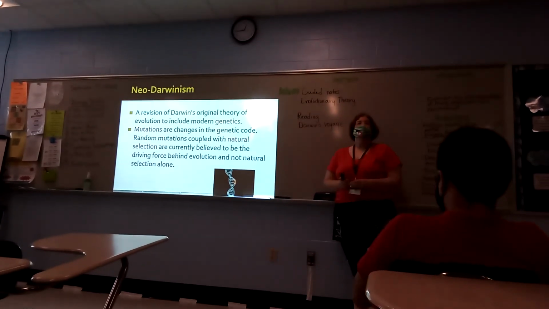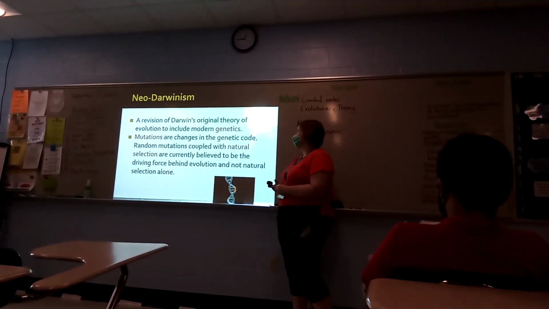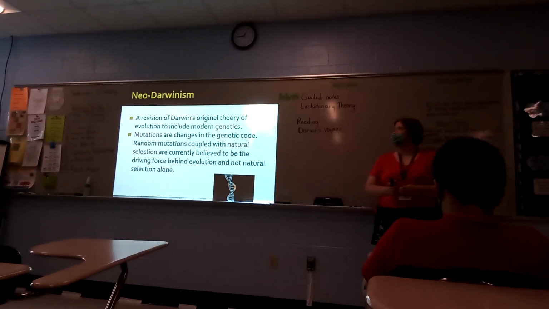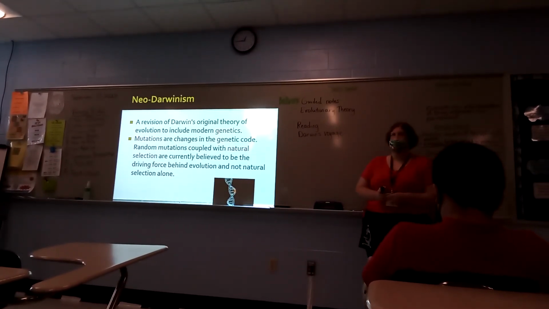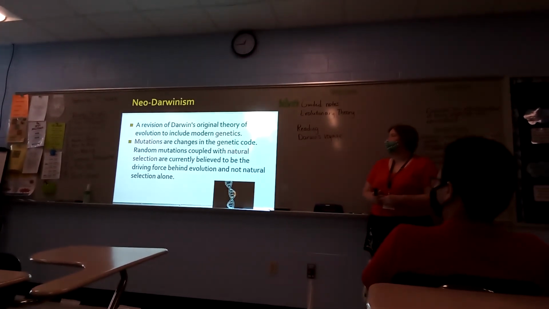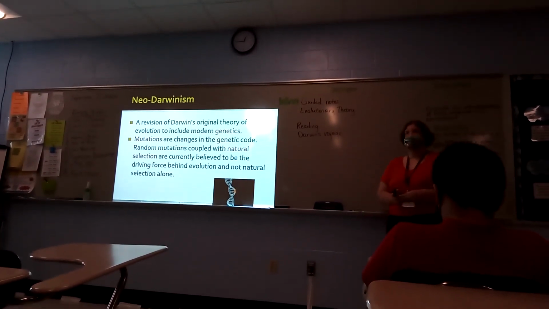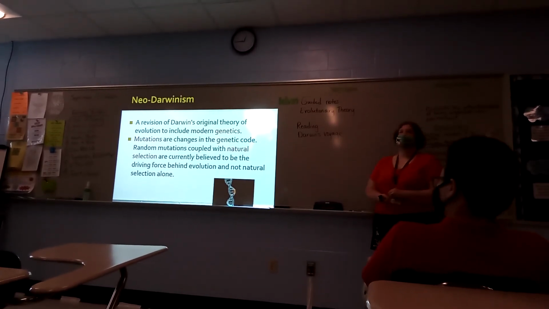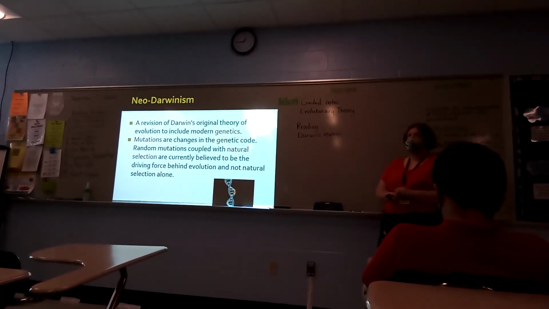Okay, so once Darwin figured out his ideas, that was almost 200 years ago now. He came up with the idea that things change over time. He came up with the idea of natural selection. At that point, we still did not know anything about DNA.